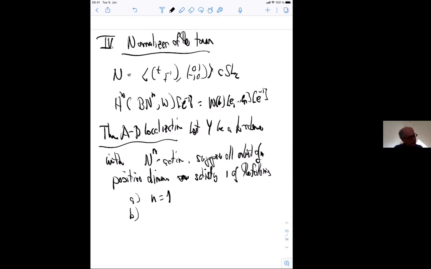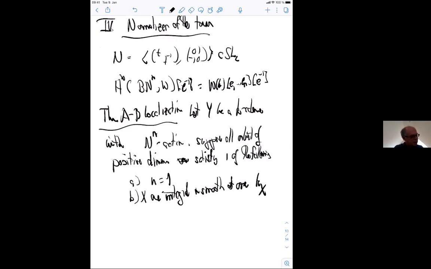Let's say all the orbits are integral and smooth over their, remember I defined this field over the orbit: the orbit x is integral and smooth over its quotient space. And what was the other one?